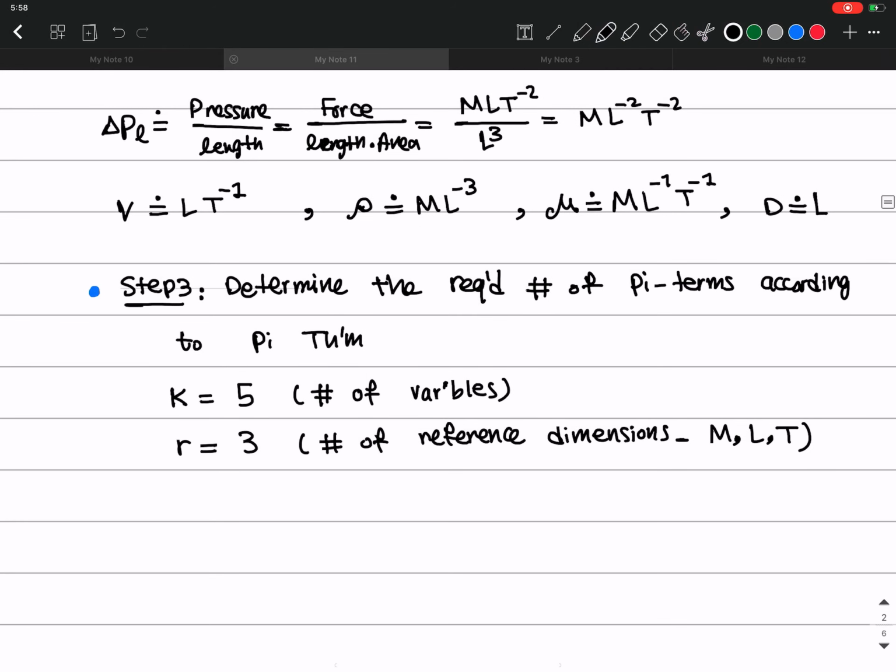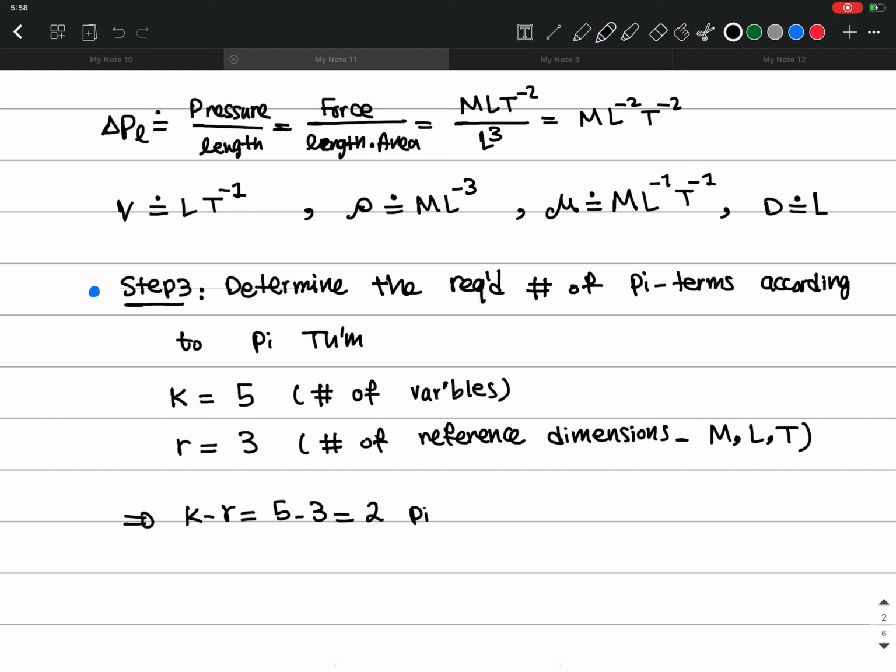Okay, so k minus r is going to be 5 minus 3, based on the pi theorem, which is the number of products that we can describe this with. So the number of pi terms is going to be 2.